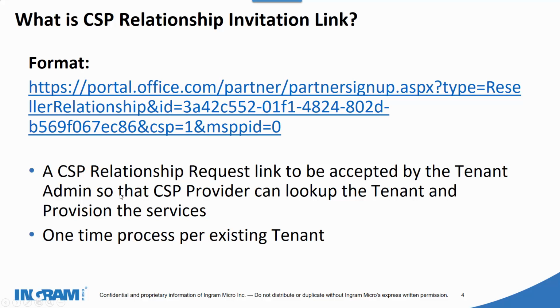Bear in mind that this relationship link needs to be accepted by the tenant, so that the service provider or the CSP provider can look up the tenant and provision the service on the same tenant. This is just a one-time process for one tenant. It is not something you have to do every time you add licenses or make changes. This is just one time so that the relationship gets established and then you move forward.